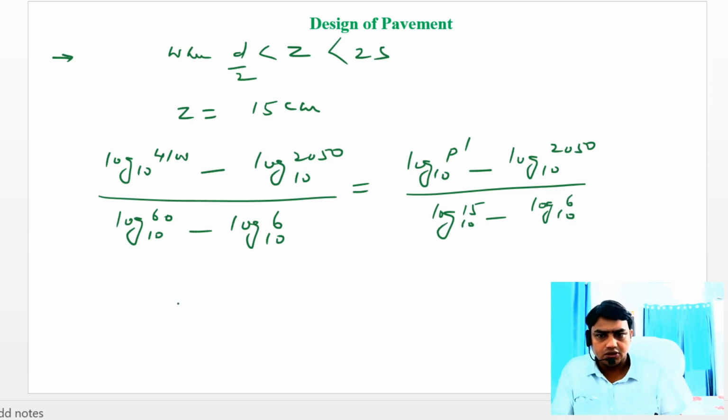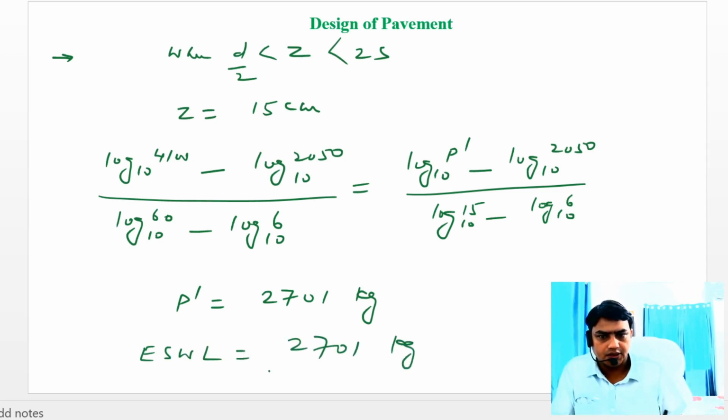If I solve this, you will get the value of P dash equal to 2701 kg, and this is the equivalent single wheel load. So the equivalent single wheel load is 2701 kg when Z is equal to 15 centimeter.